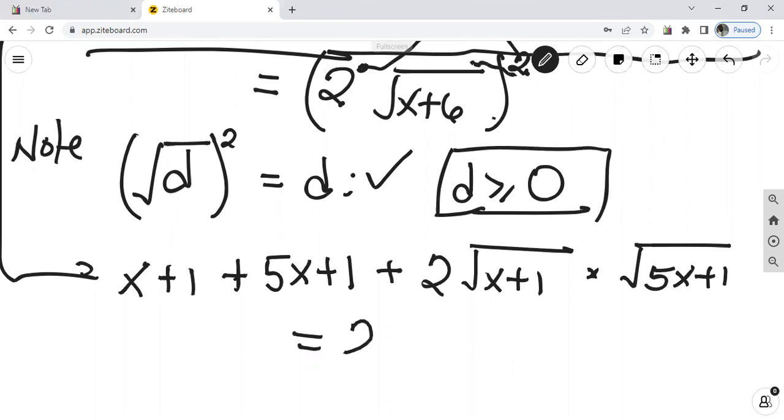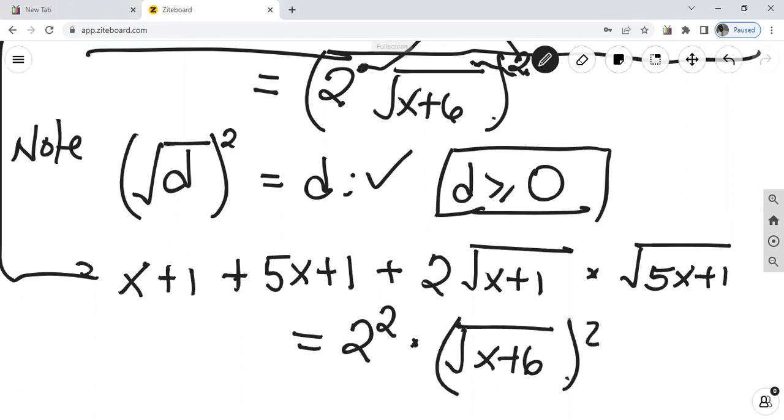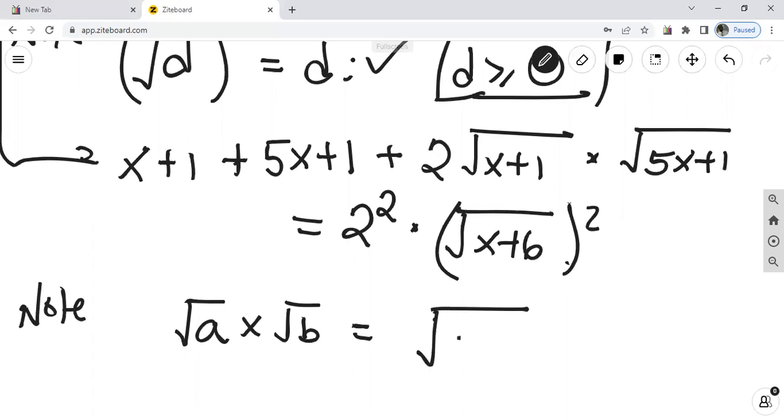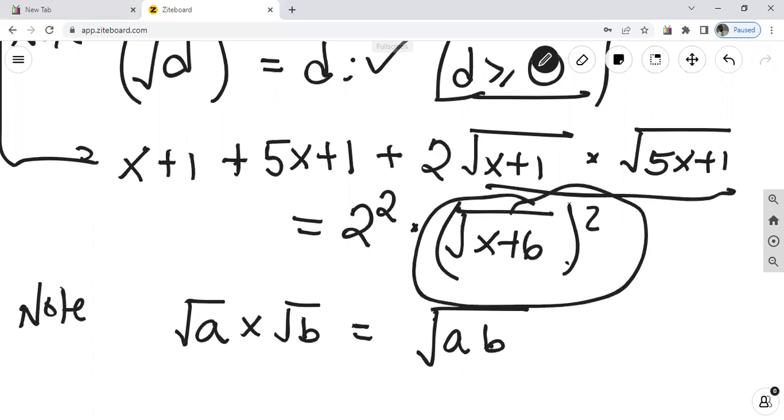That is, we have 2 squared multiplying square root of x plus 6 all squared. The next stage, I want to note that the square root of a multiplying square root of b, you recall the rule, it will be square root of a multiplying b. So I'm going to apply that here. And of course, you know what this also will give. Simply put, it is x plus 6. We have mentioned this property earlier.